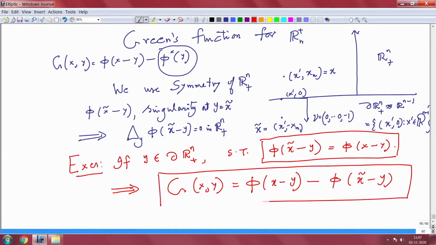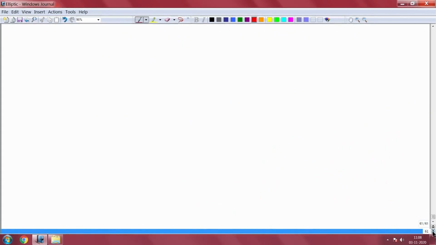So, you see the Green's function for R n plus. So, you have immediately your Green's function, and this implies immediately that you can write down the Green's formula.